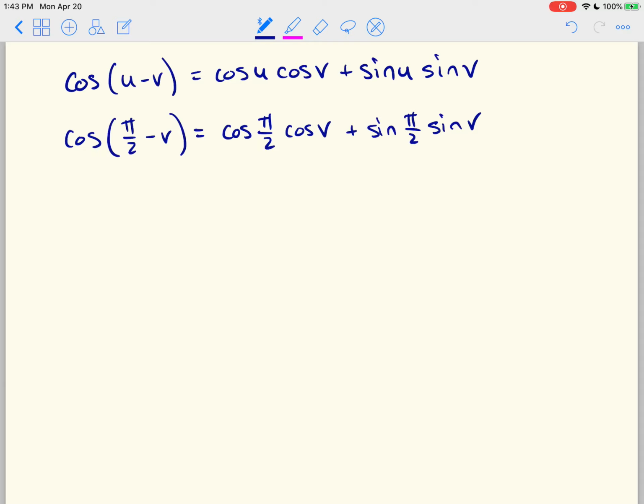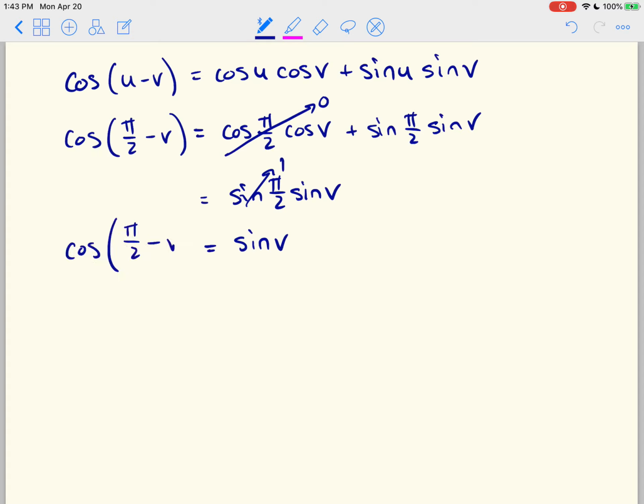And as we saw in the last example, cosine of pi over 2 is 0, so this whole thing goes away, and we're just left with sine of pi over 2 sine of v. But sine of pi over 2 is 1, and so this just becomes 1, and we're left with sine of v. So cosine of pi over 2 minus v is equal to sine of v. And this is our basic cofunction identity.